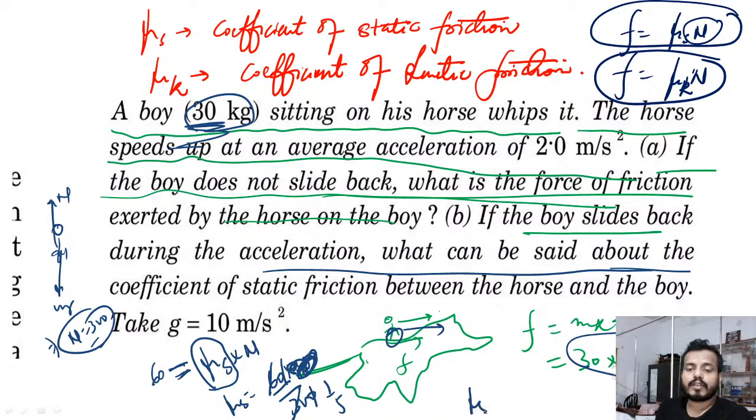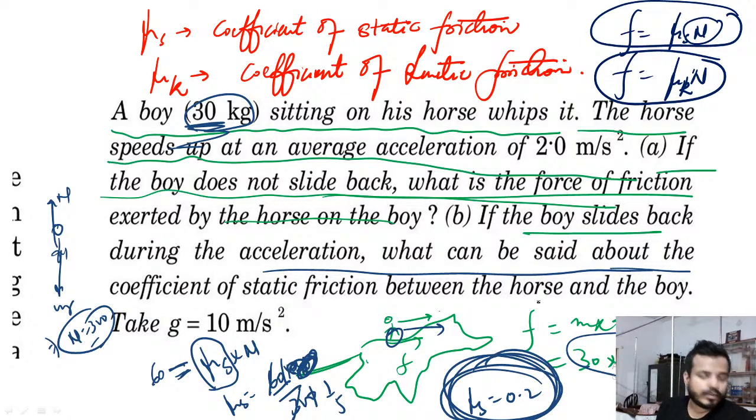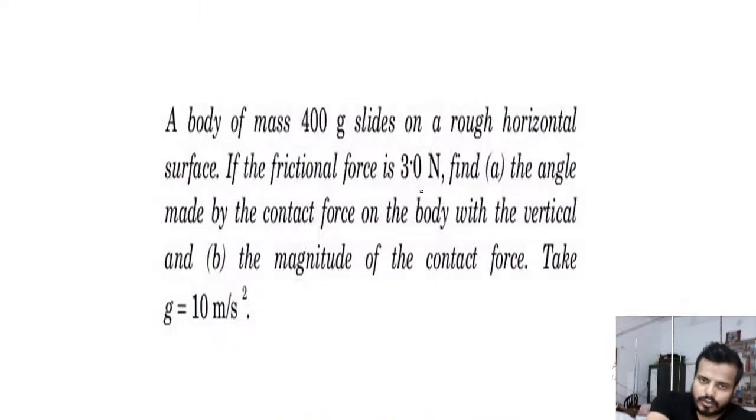So mu s value is 0.2. So we can say the coefficient of static friction has a value of 0.2.